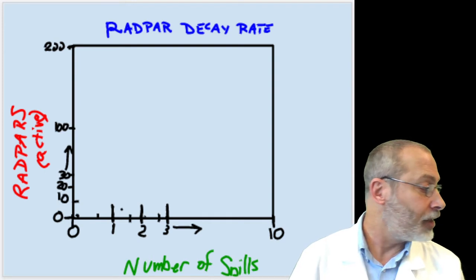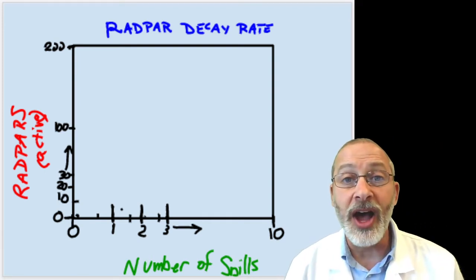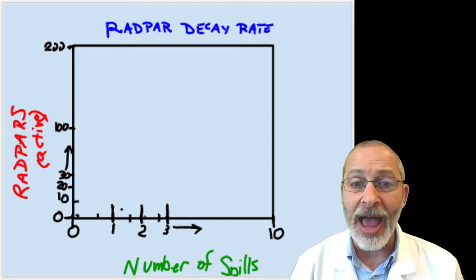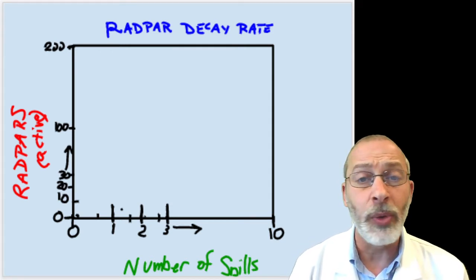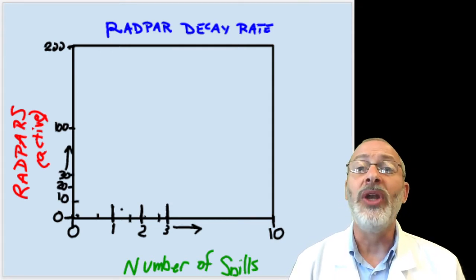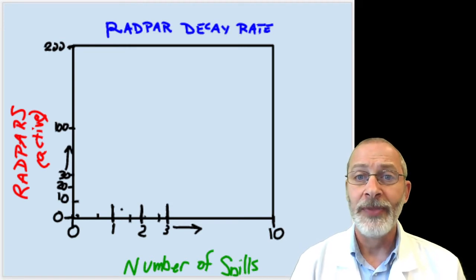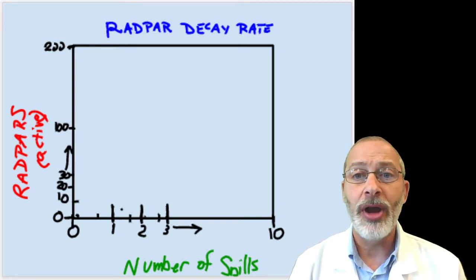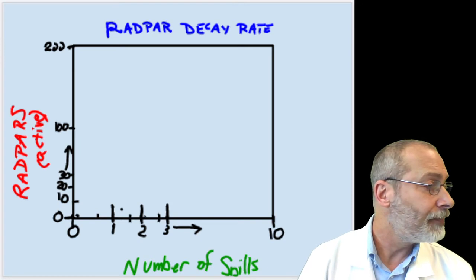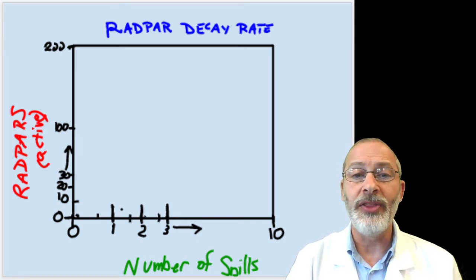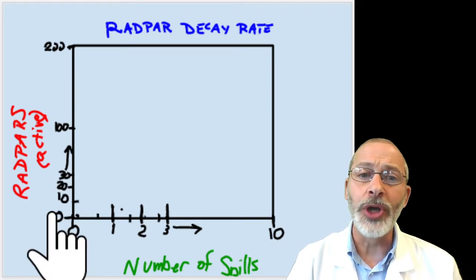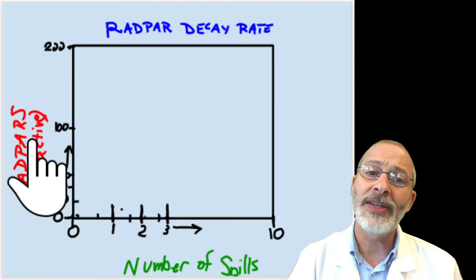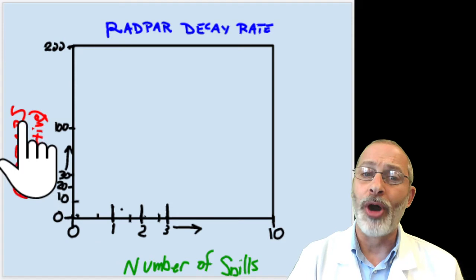And so on page 175, the next page here, you'll see your graph. And what I'd like you to do is take a few moments now before we even begin to label your graph. It is the Radpar decay rate graph. And over on the y-axis, you're going to be labeling the y-axis active Radpars.